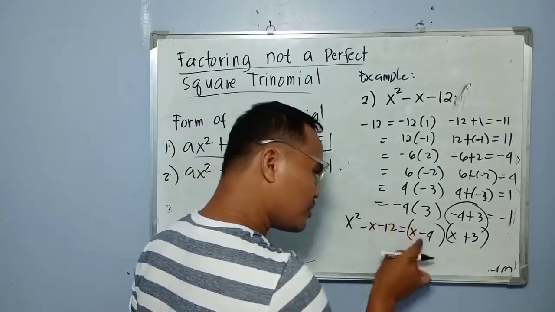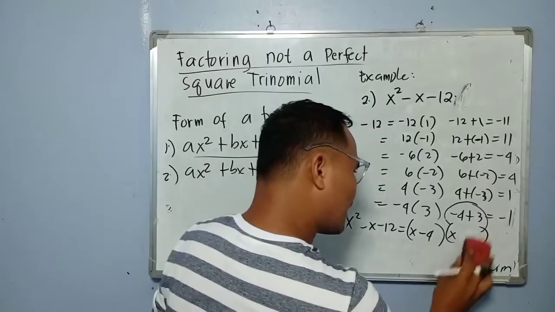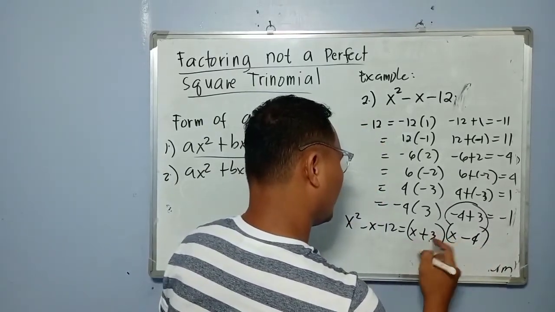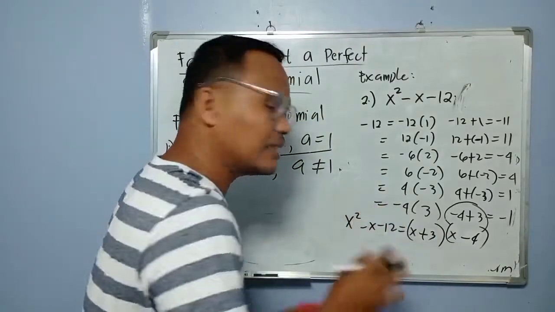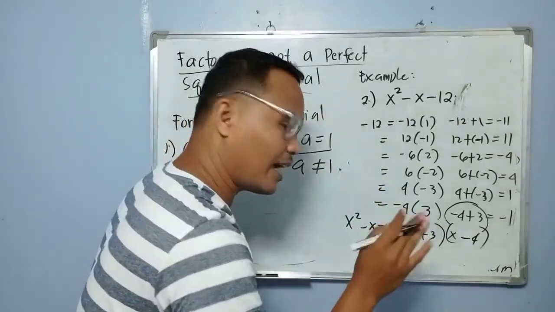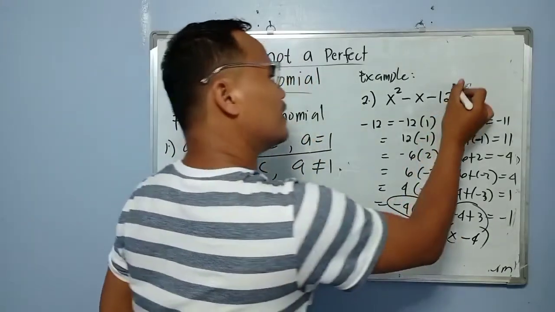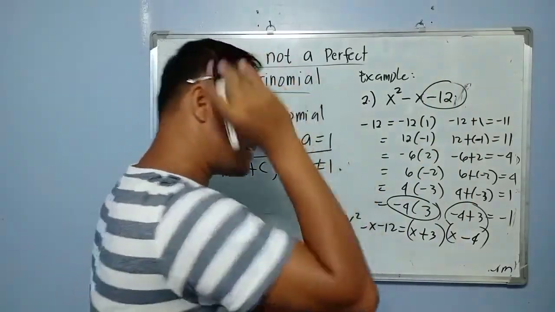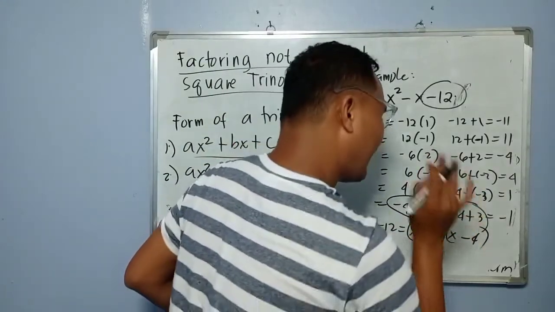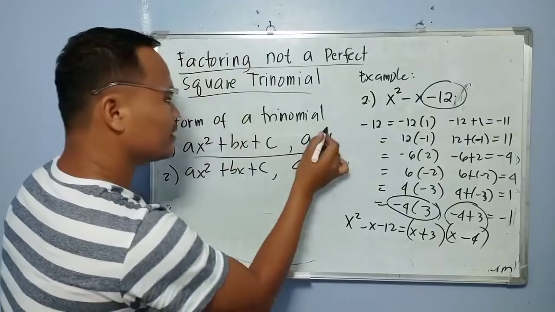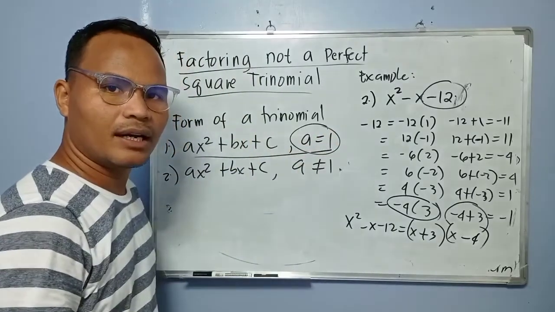If 4 is negative, use negative 4. You can also write the negative 4 here, and here is the positive 3. It doesn't matter, as long as the sign doesn't interchange. Okay? Again, the product of negative 4 and 3 is the third term. And the sum of negative 4 and 3 should be the coefficient of the middle term. That is, a is equal to 1.